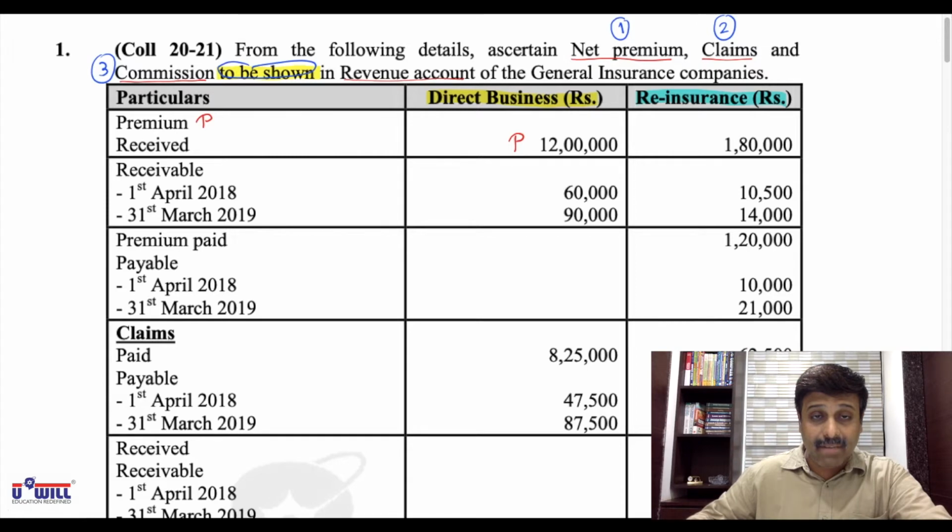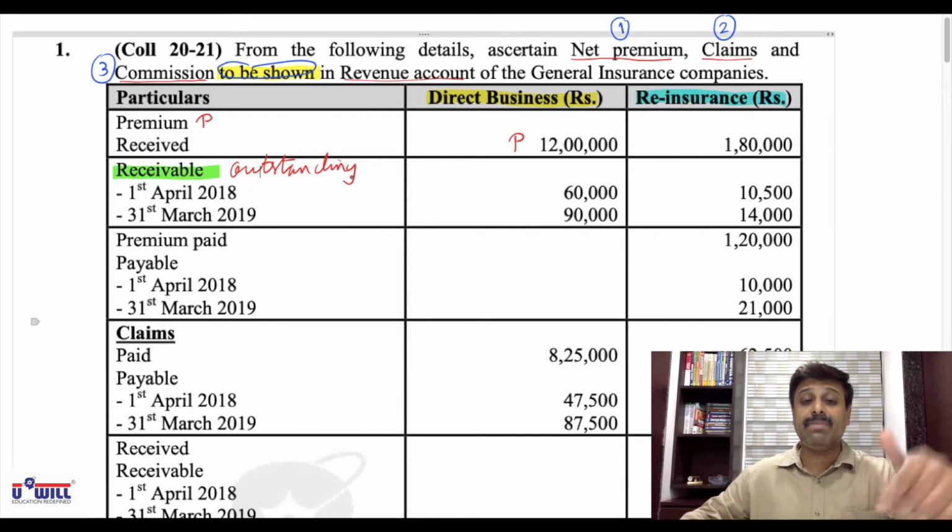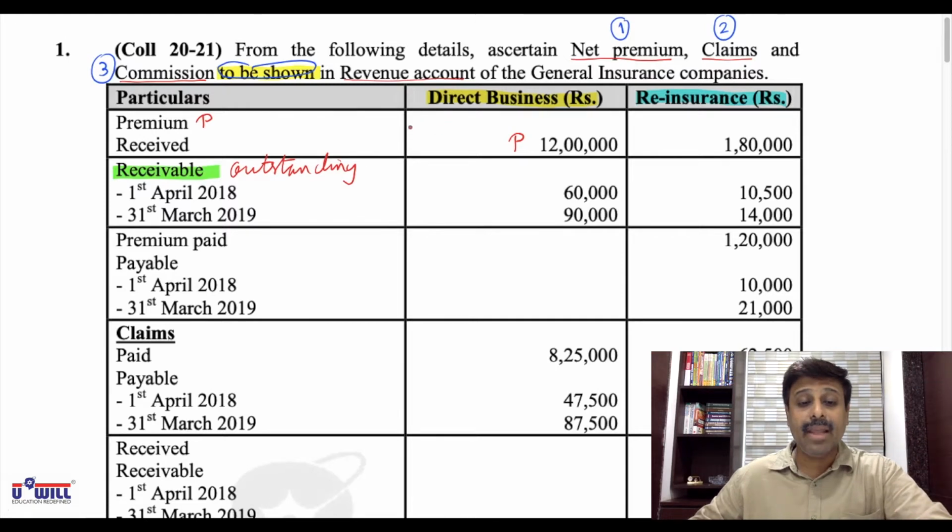In that, whatever amount is receivable means it is outstanding. So whatever amount is outstanding on 1st April 2018, the beginning of the year, is the opening outstanding. Opening outstanding actually belongs to last year, but we have received the amount in the current year.